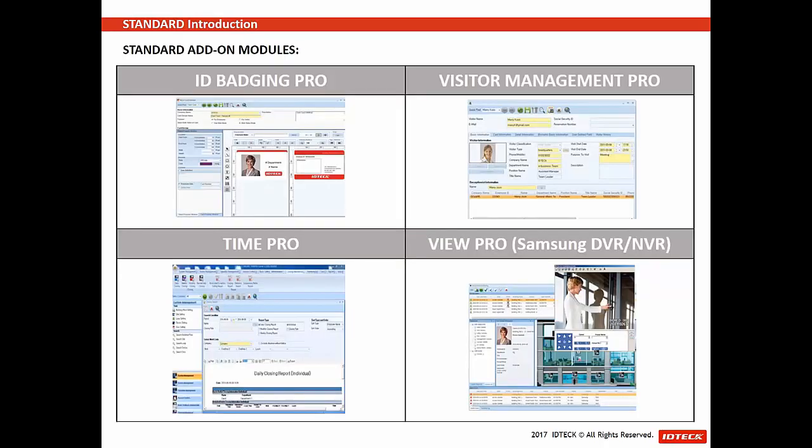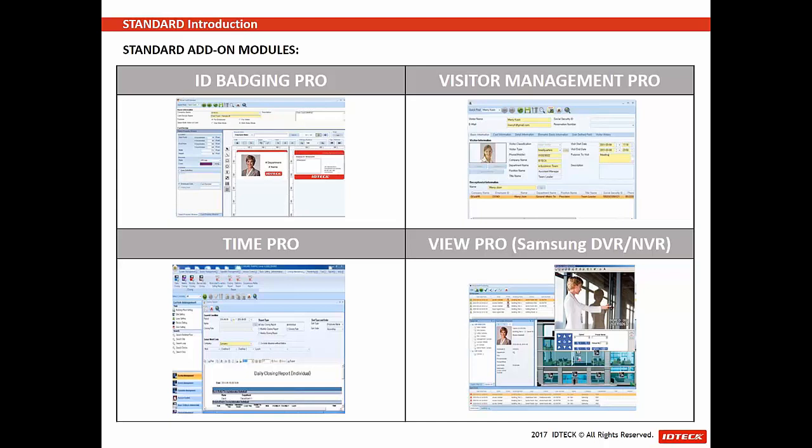Standard software provides 4 different add-on modules, which are ID Badging Pro, Visitor Management Pro, Time Pro, and View Pro. Let's go over these modules one by one.